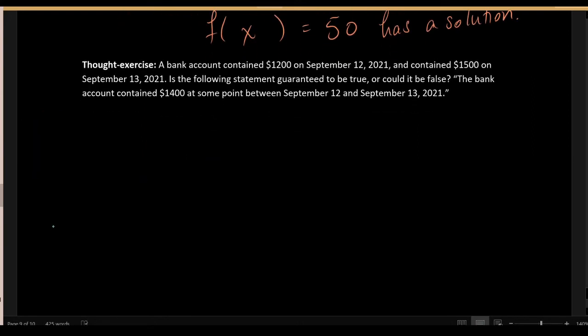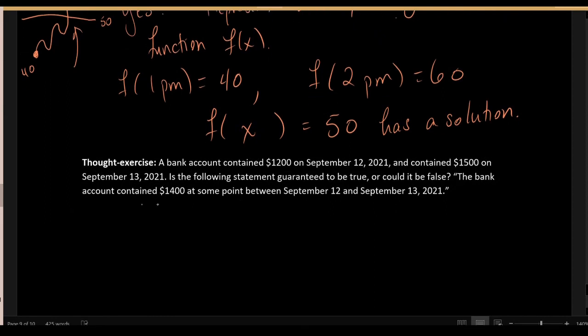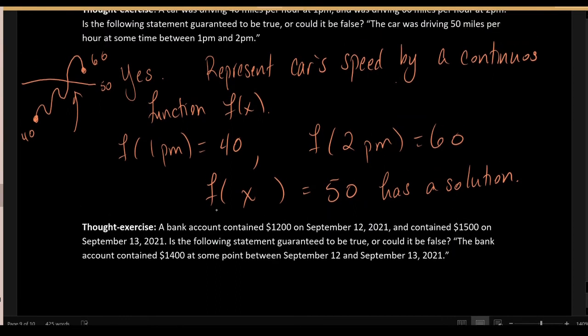To show when the intermediate value theorem cannot be used, and why continuity is important, let's consider the following situation. In this case, we've got a bank account, and on the 12th of September it contains $1,200. Then at a slightly later time, the 13th of September, the account contains $1,500. So must the account have contained $1,400 at some point between the 12th and the 13th?